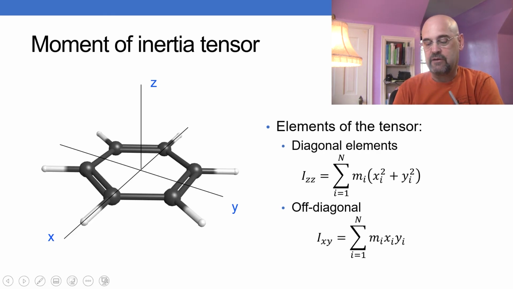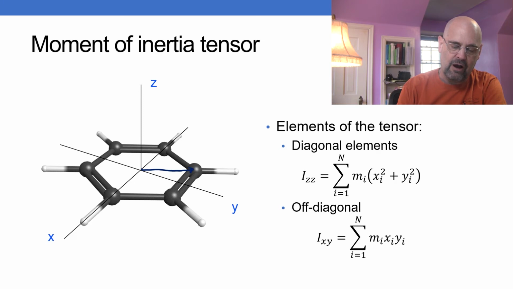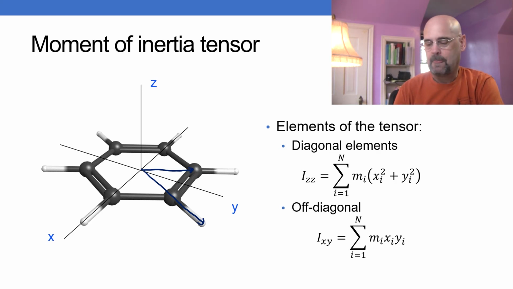The diagonal elements are just going to be the sum over all objects of the mass of each object times x squared plus y squared. What is that? That's just the distance away from the center of rotation for each object, because that's now in the xy plane and it's rotating on the z.